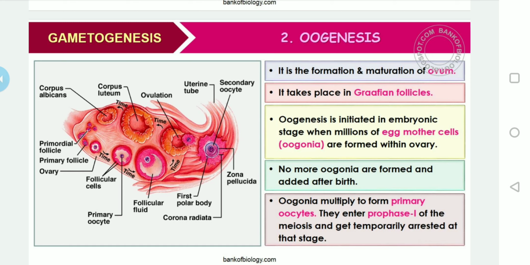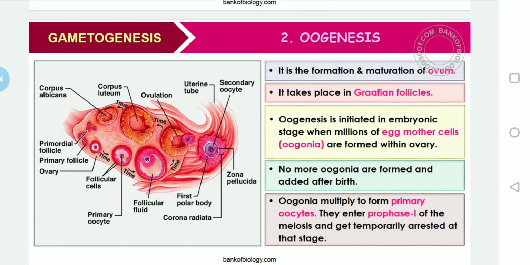Very important: no more oogonia are formed and added after birth. Whatever number is added during embryonic development is the fixed number.